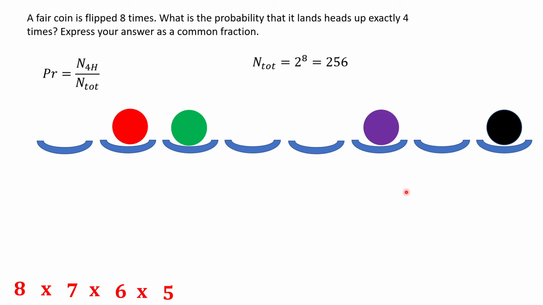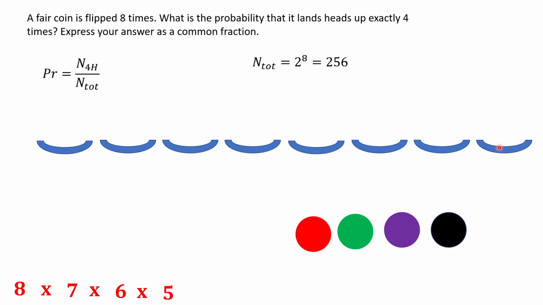So let's go back to our distinguishable balls. And now we want to figure out how many ways I can put these 4 balls into these exact four spots. How many ways can I shuffle these balls among these 4 positions?